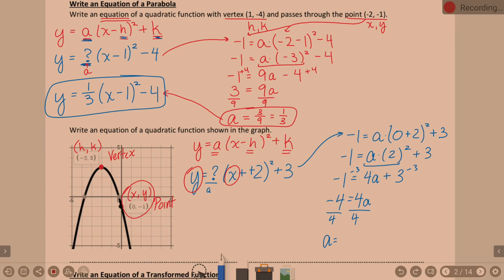Negative 1. Okay. Take that back to your equation, right? Now, when we write this, y equals, A is what? Negative 1, and then it's times x plus 2 squared plus 3.